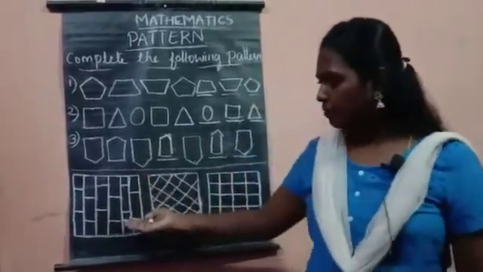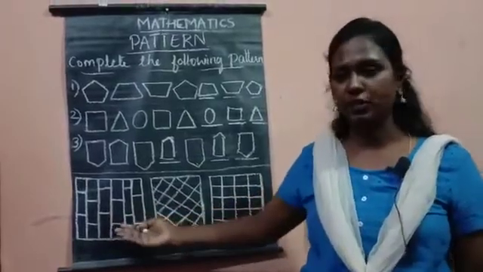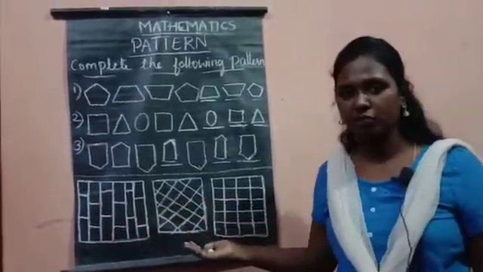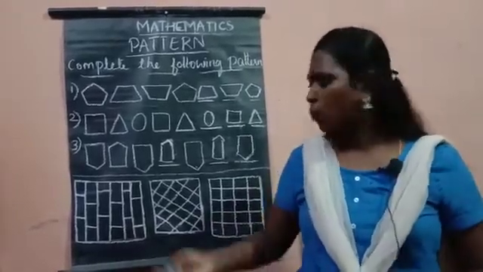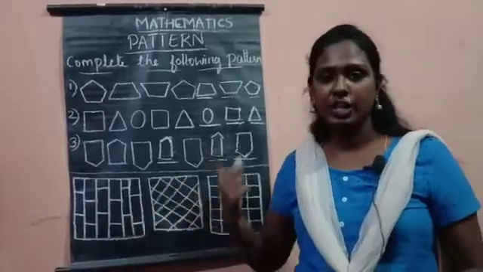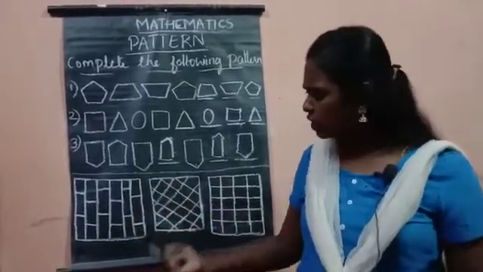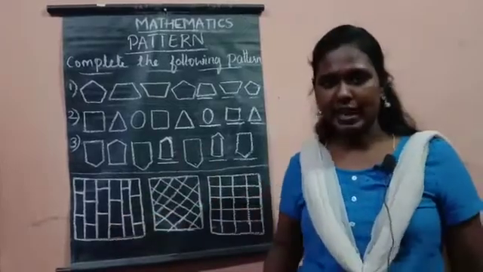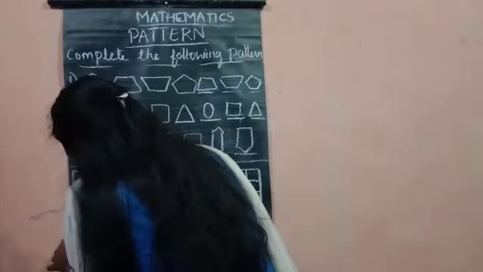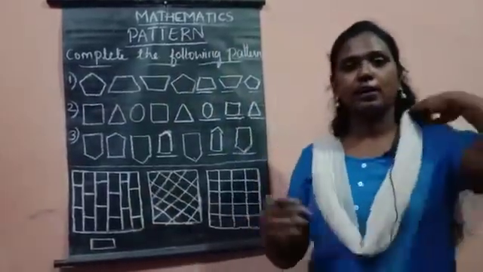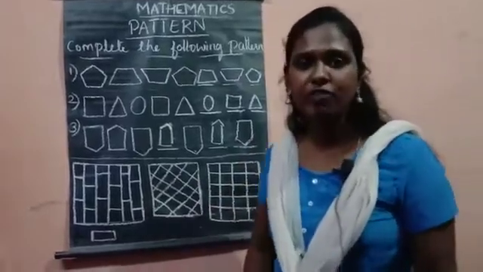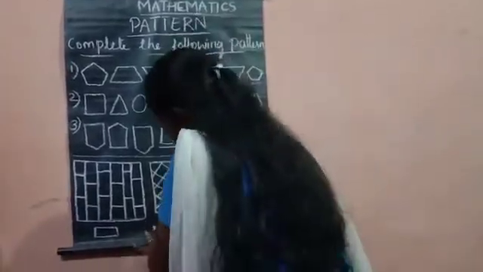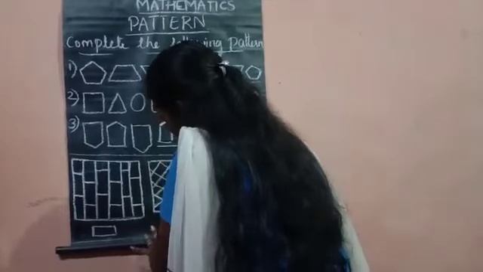Here is an example for you. This is a formation of pattern, and this is also one of the formations of pattern, and this is also one of the formations of pattern. Children, what common shape do you observe in each figure? You see a rectangle in the first figure, and in the second figure you see the shape of a diamond.